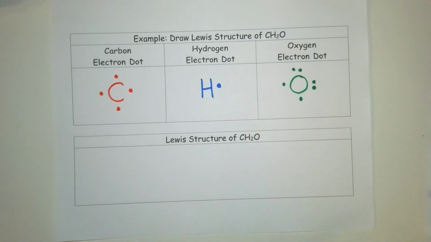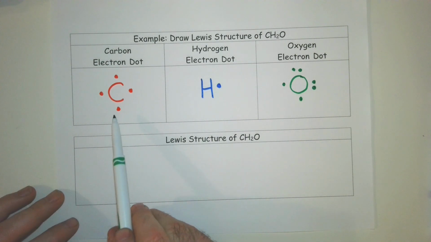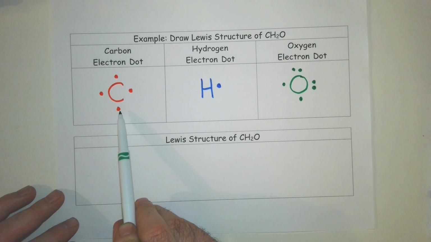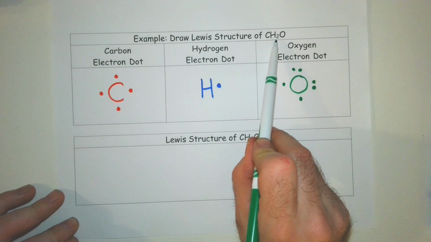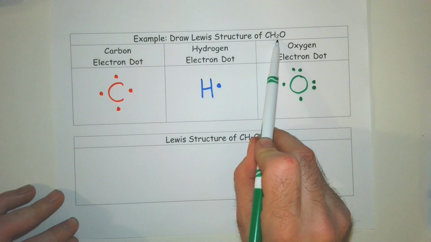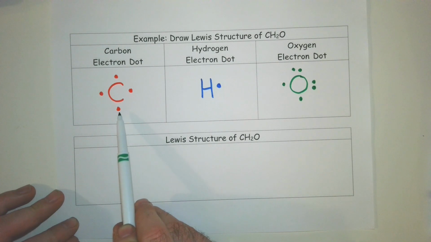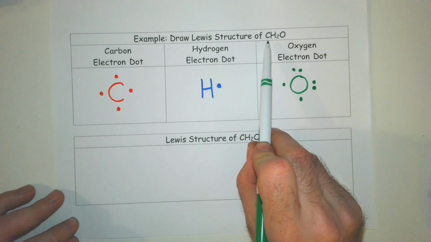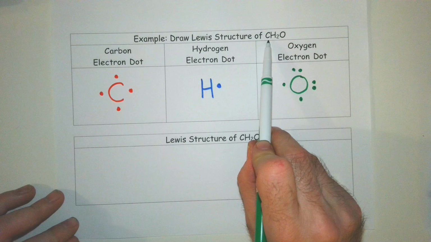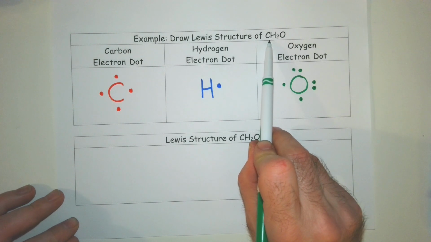So let's analyze this. Carbon needs to have 4 bonds. We look at hydrogen, in the molecular formula, there's 2 of them. So we know that 2 of those bonds are going to be connected to carbon, because carbon is the least electronegative atom that is not hydrogen, so it's in the center.